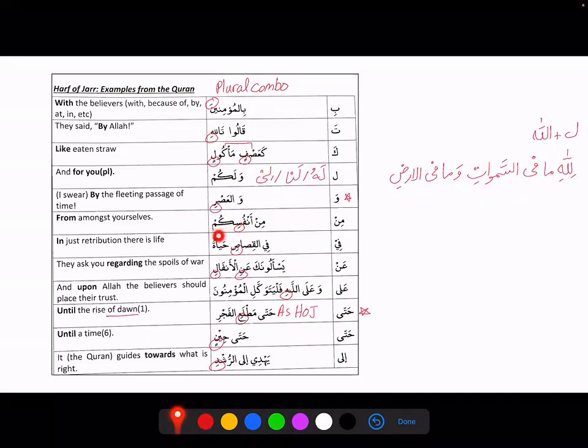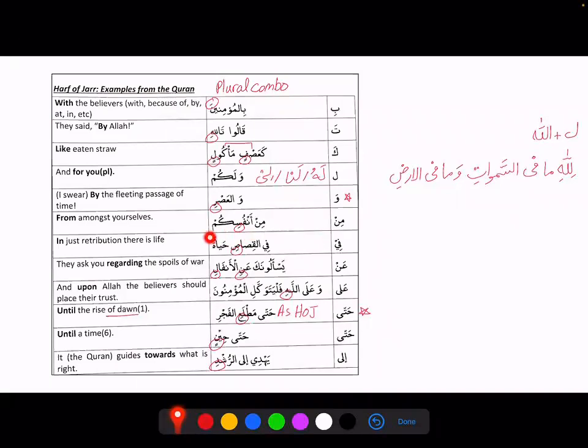Remember last class? We can attach an attached pronoun with ism, and I'm adding to it that when that happens, it is our idafa fragment. We are creating possession, right? So from within themselves, basically.